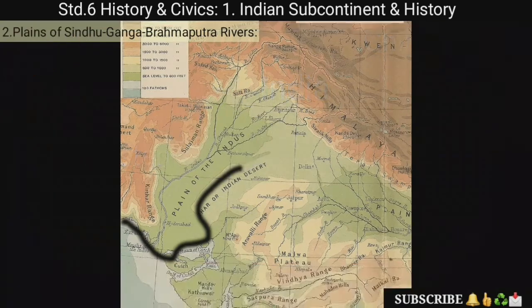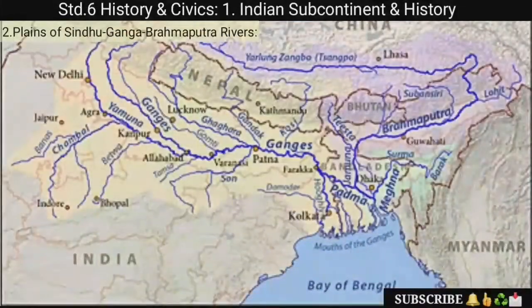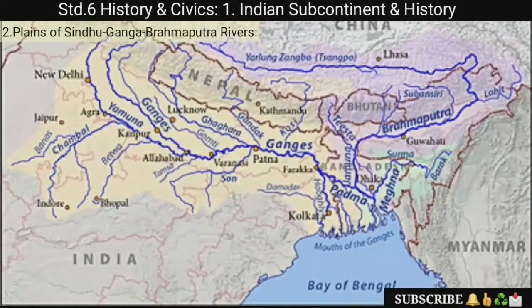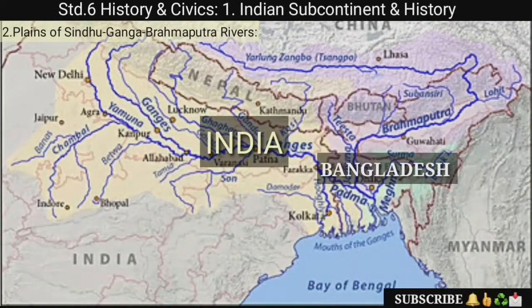Now, we shall study about Ganga or Ganges. Ganga is a transboundary river of Asia which flows through India and Bangladesh and it empties in the Bay of Bengal. So it is about Ganga.